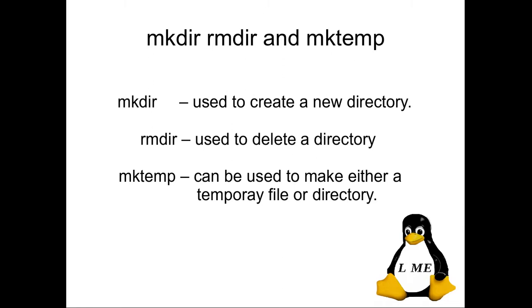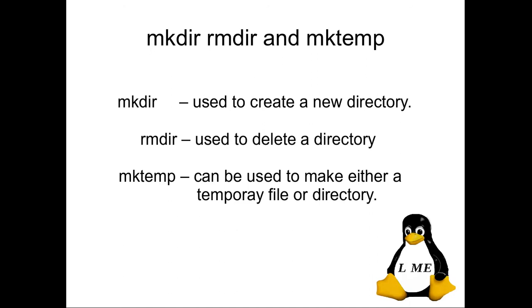So the usage is quite simple. I've just mentioned what each command does in this small slide that I've created. Make directory is used to create a new directory. You can change the file modes when you're creating the directory, and remove directory is just the opposite of make directory.